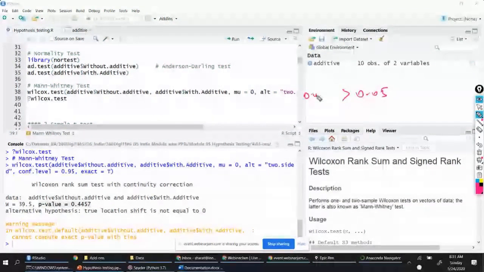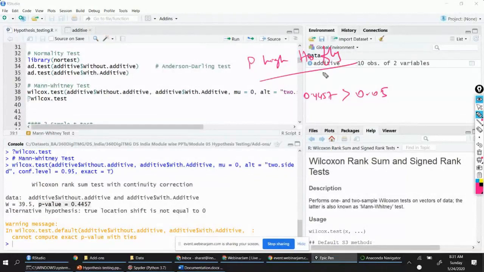P greater than 0.05 basically means p high, null fly. That means we fail to reject the null hypothesis, which basically says that the mileage is not getting affected.